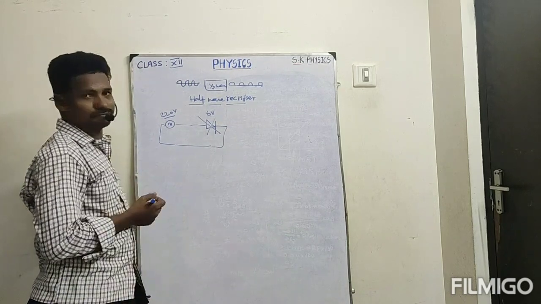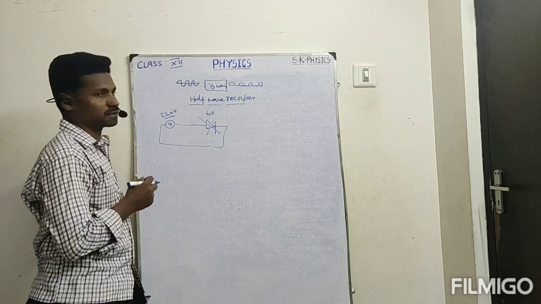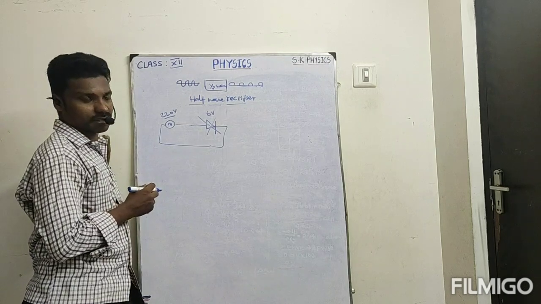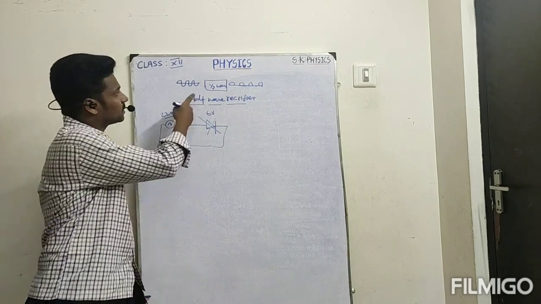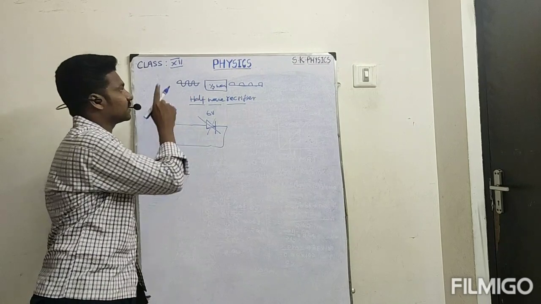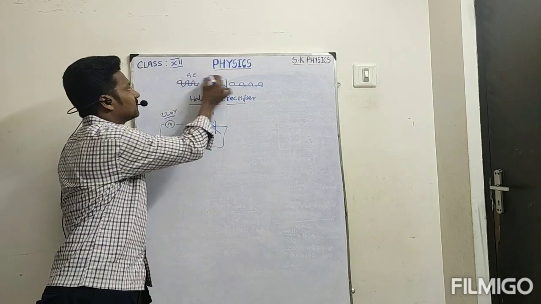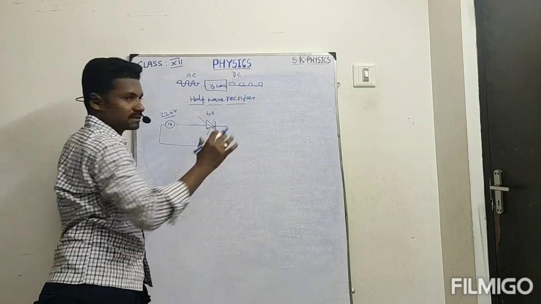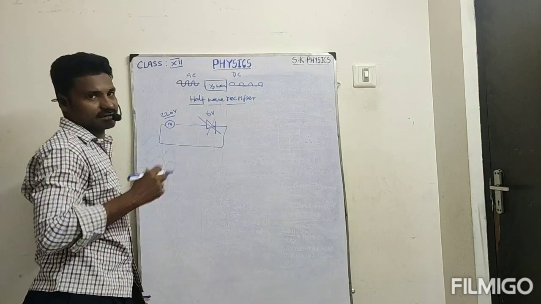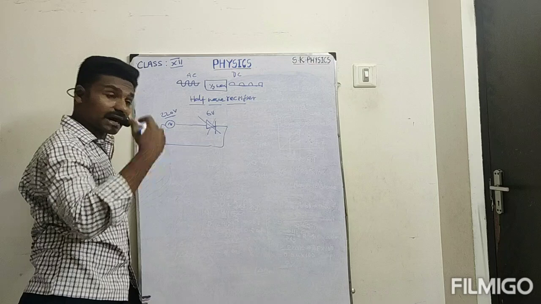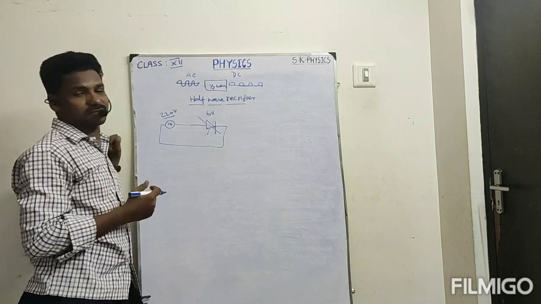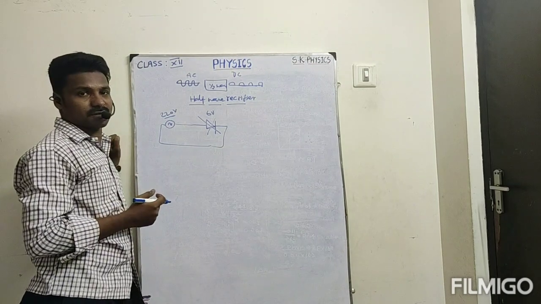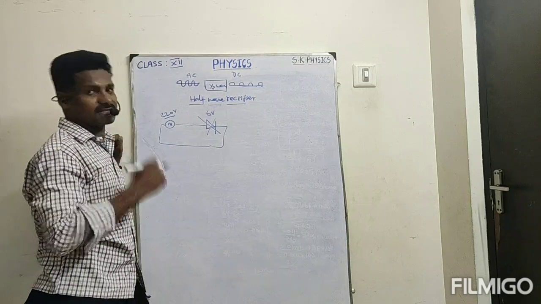Then what will we do? We want to reduce that voltage. You know very well the process of converting AC into DC is rectification, that is a rectifier. But for high voltage to low voltage, that is a transformer.